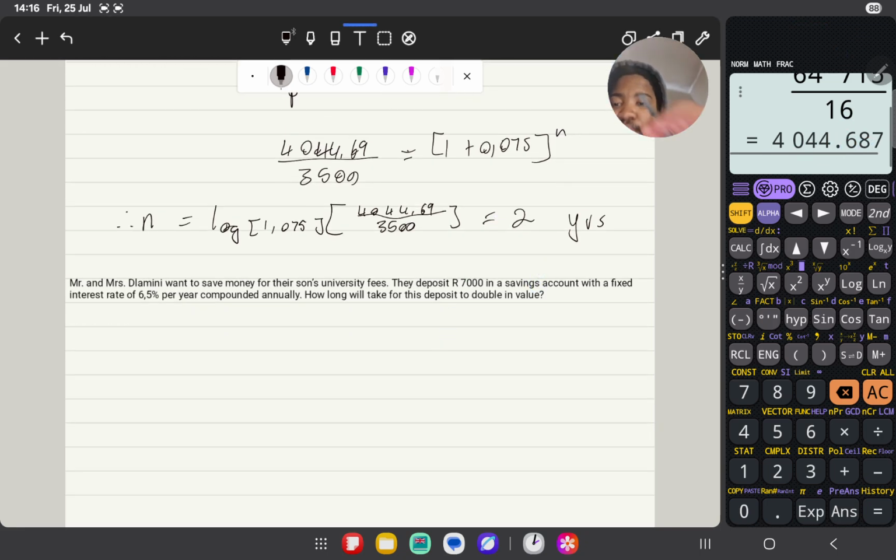Cool. Let's do this one. Mr. and Mrs. Tamini want to save money for their son's university fees. They deposit 7,000 into a savings account with a fixed interest rate of 6.5% per year, compounded annually. How long will it take for the deposit to double in value?